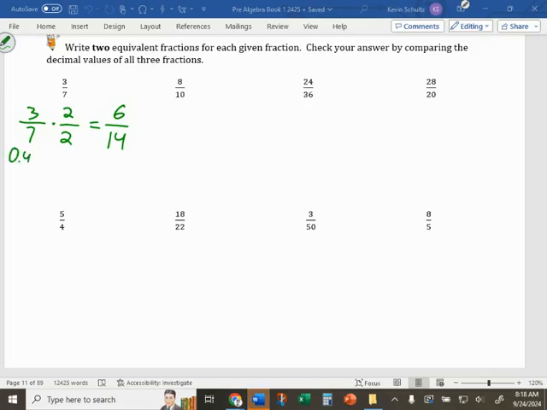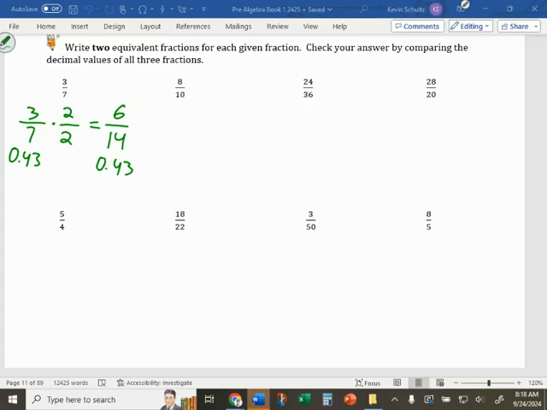We'll round that to 0.43. Now, take 6 divided by 14 and tell me what you notice. It's the exact same. That's how you can prove that equivalent fractions have the same value, because when you divide them and get that decimal answer, that decimal is the same.